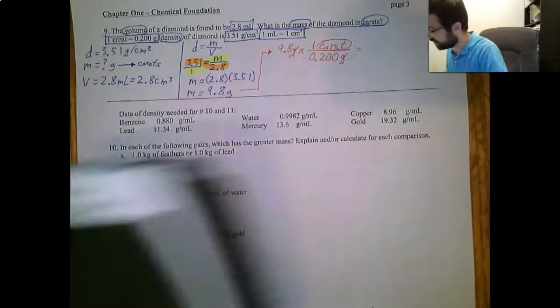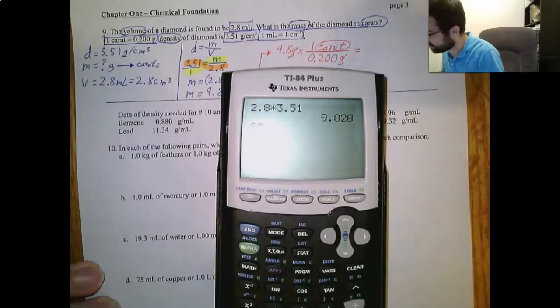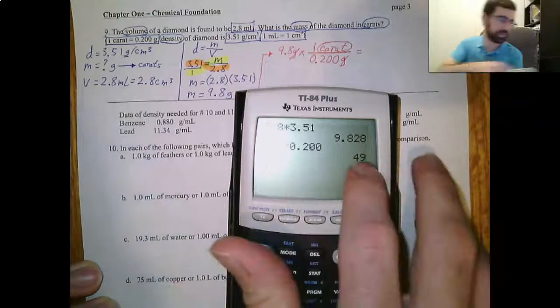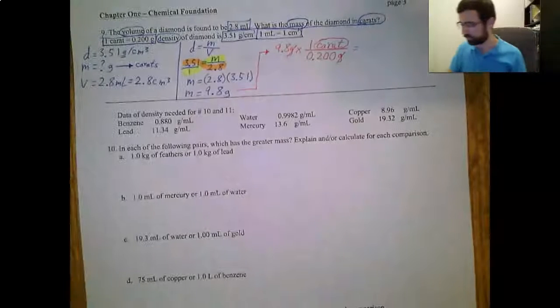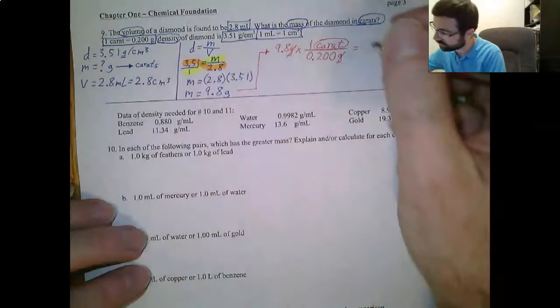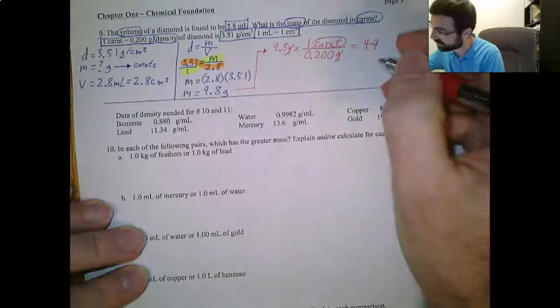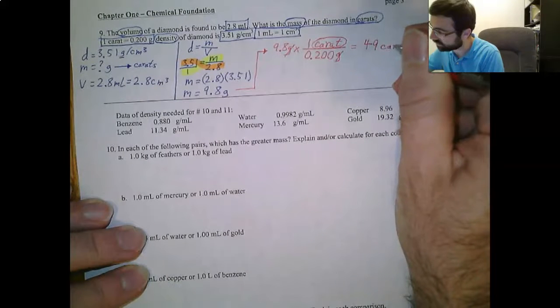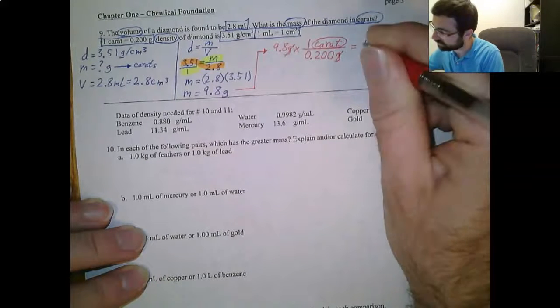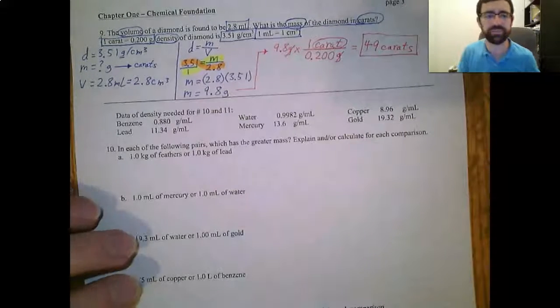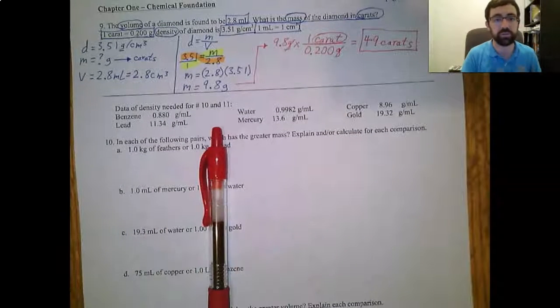See what we get. 9.8 divided by 0.200. I get 49 carats. And there we have it. Hopefully that was a good review on density and dimensional analysis.